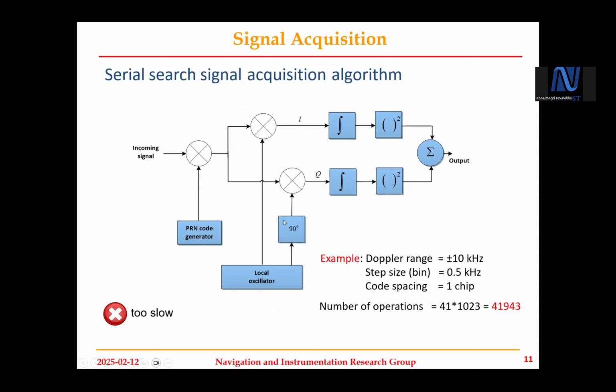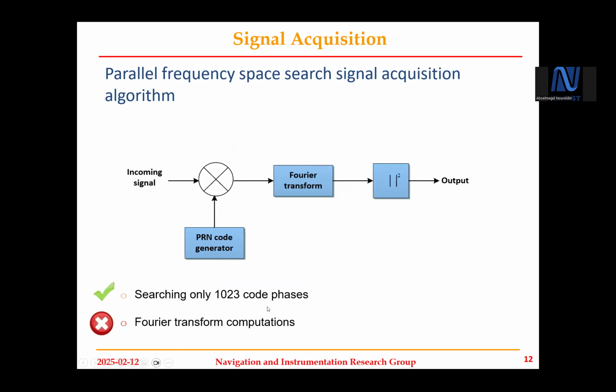So now instead of doing this intensive search, there is another way of doing that. We can save some of the search steps or iterations. This technique is called the parallel frequency space search signal acquisition algorithm.